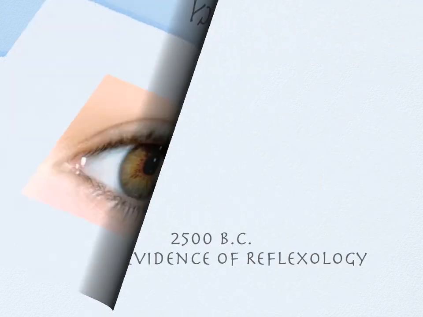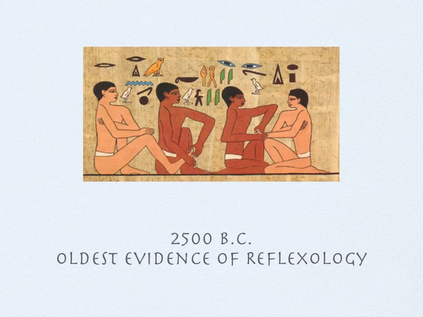But this is not new. The oldest evidence of reflexology was over 2500 BC. You can see in this Egyptian hieroglyph, this person is getting foot reflexology, and this one is getting hand reflexology.